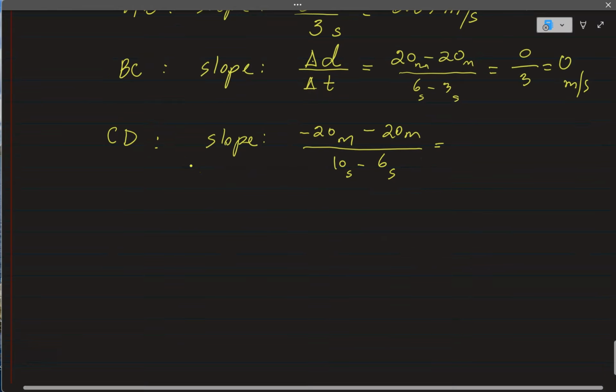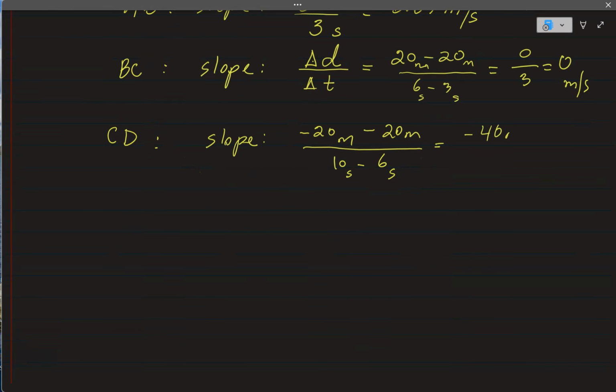Here we have negative 40 meters divided by 4 seconds, and that would be negative 10 meters per second. This is your V average, which is the slope of the position time graph.